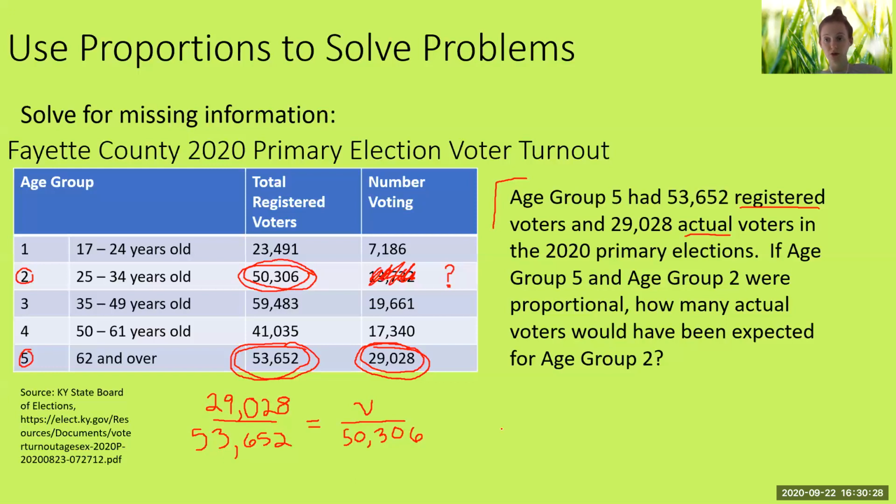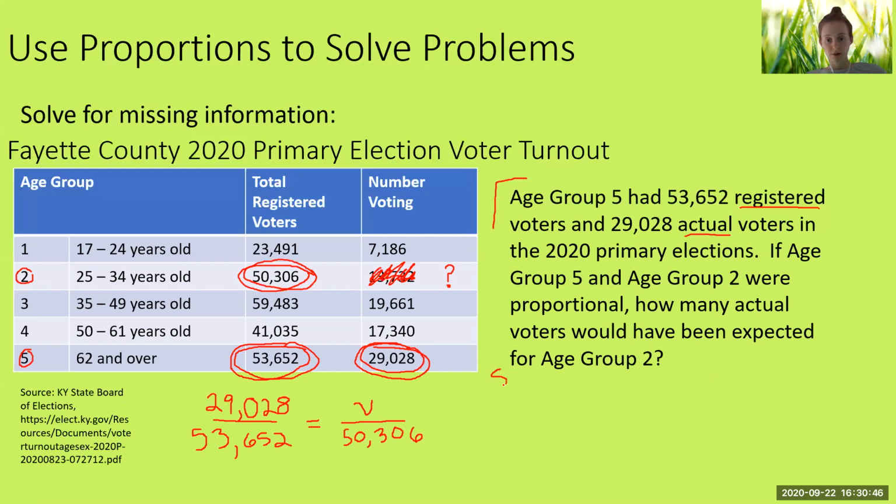Now on to step 2, we're going to actually solve for that missing number. To solve the proportion, we're going to take advantage of that characteristic that all proportions have, that the cross products have to be equal.